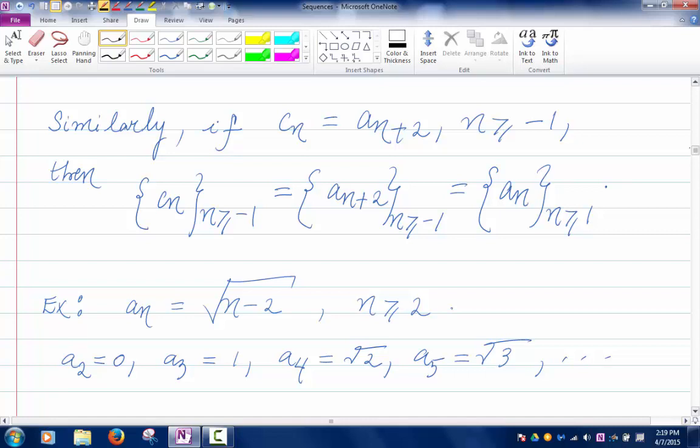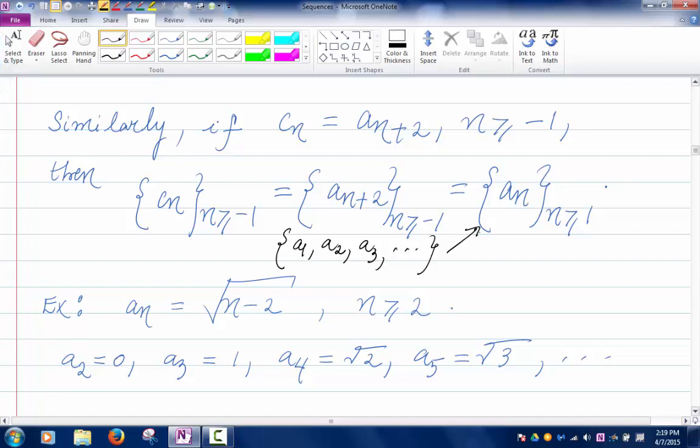If you look at the first few terms of this sequence, what do you get? Well, when n is negative 1, you get negative 1 plus 2, which is A1. When n is 0, you get A2. When n is 1, you get A3, and so on, which is exactly the same as the original sequence An, starting at 1, right? Am I making sense?